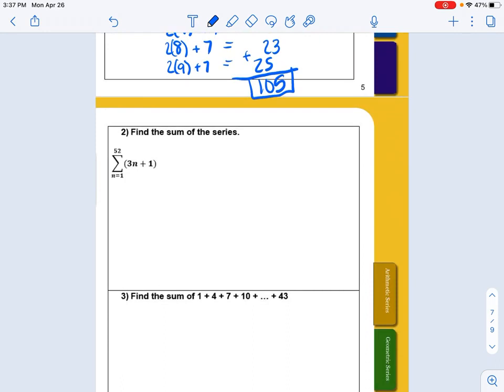It says find the sum of the series. Once again, it has a starting point of 1, a stopping point of 52. That is a lot of terms to write out. This is actually too many terms to write out and add. I'm not going to say it would be impossible, but there's the formula. It's much more simple when we are dealing with so many terms.